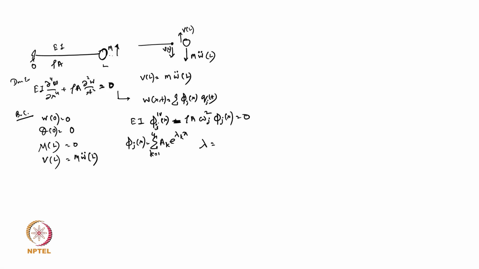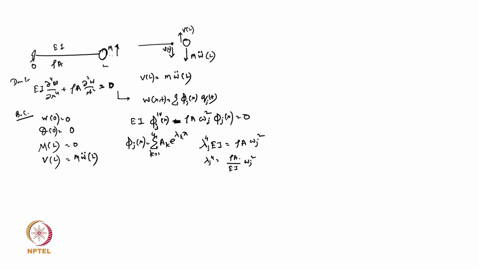The lambda solution will be lambda to the fourth times EI equal to rho A omega_j squared. So lambda_j to the fourth should be equal to rho A divided by EI into omega_j squared. So we get lambdas in terms of omega.